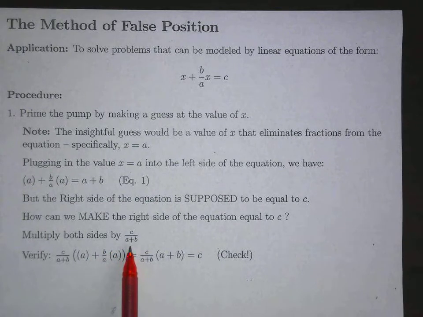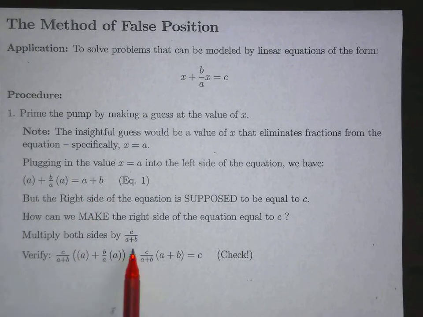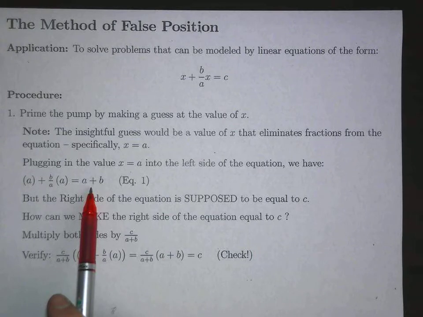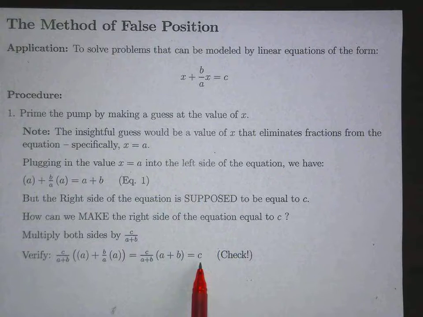Multiply both sides of this equation by c over a plus b. In other words, we divide both sides by the quantity a plus b so that the right side is 1. Then we multiply both sides by c. So multiply both sides by c over a plus b, which we do, and bingo.